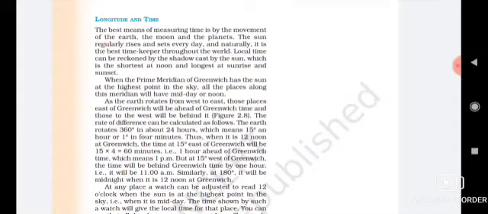When the sun is at the highest point in the sky at the prime meridian of Greenwich, all the places along that meridian have midday or noon. As the earth rotates from west to east, places east of Greenwich will be ahead of Greenwich time, and places west will be behind.